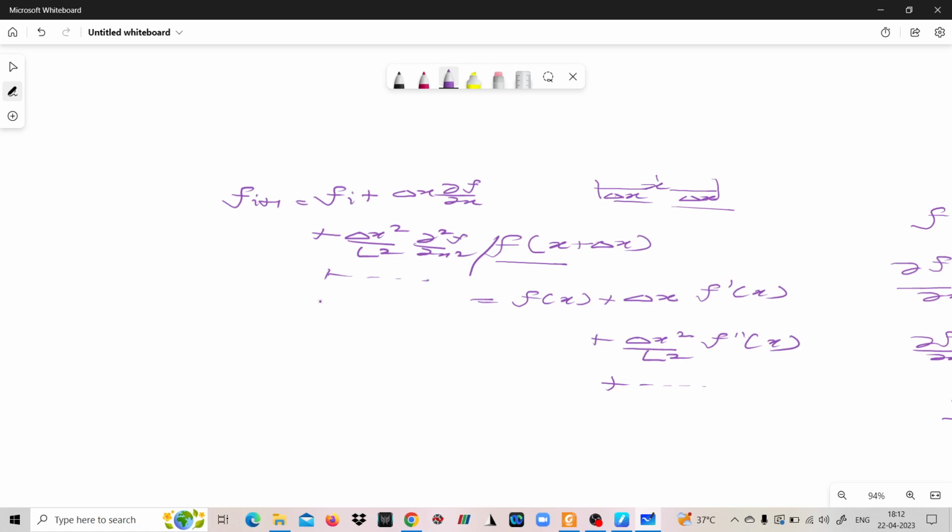From here, if we ignore the higher order terms, and this ignoring is possible if we consider that the value of delta x is very small, so we can ignore. Then delta f by delta x will be f I plus 1 minus f of I divided by delta x.